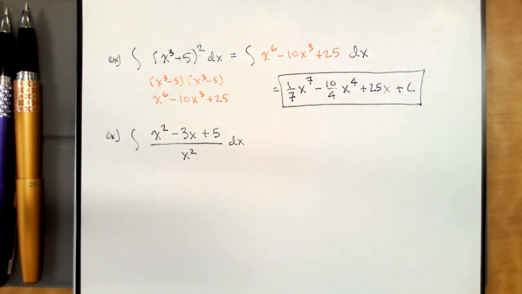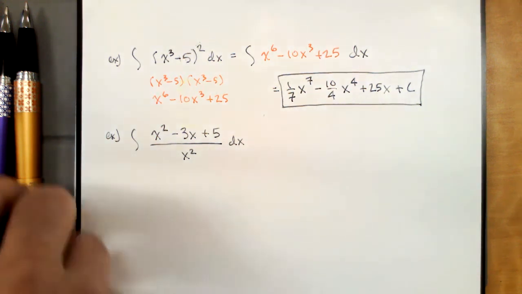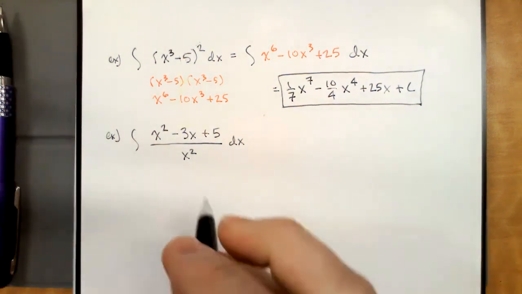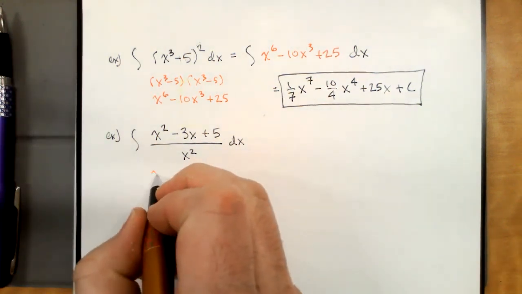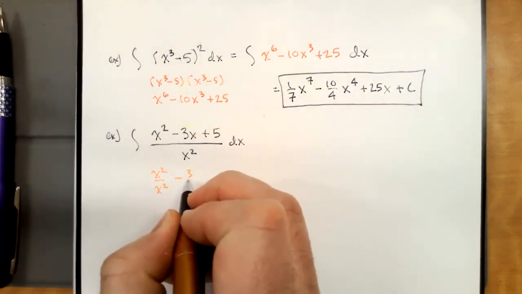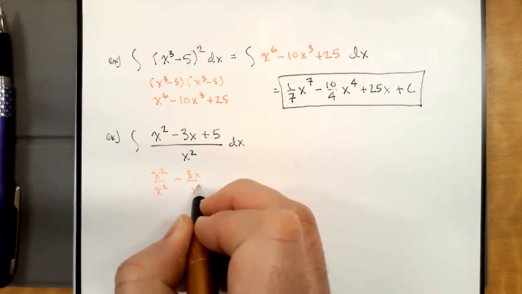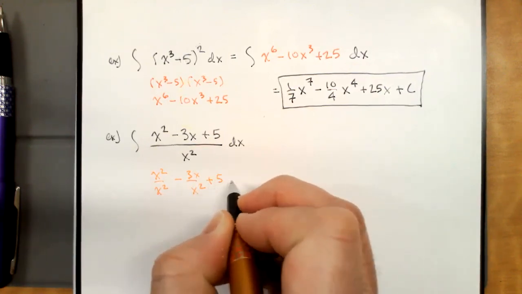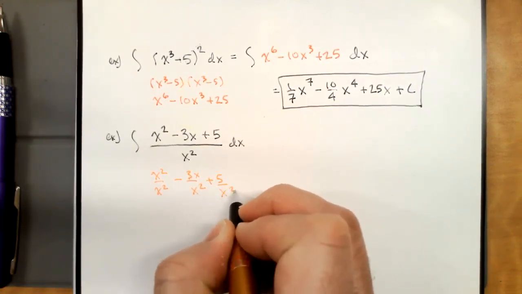Here's another example where we could use the distributive property to get terms that are powers of x. All 3 of these things are being divided by an x squared. So I can just distribute the 1 over x squared to the 3 terms. I can think of this as x squared over x squared minus 3x over x squared plus 5 over x squared.